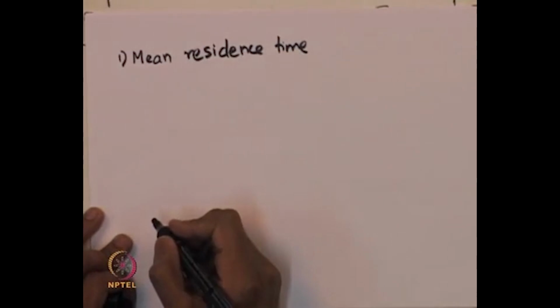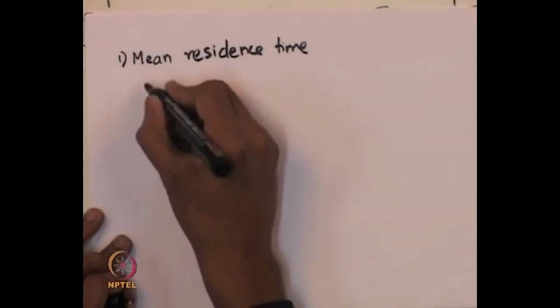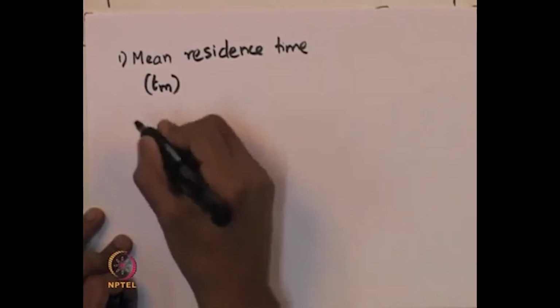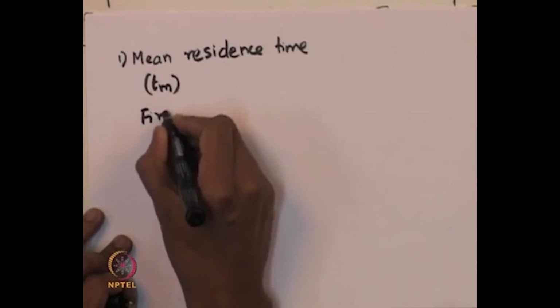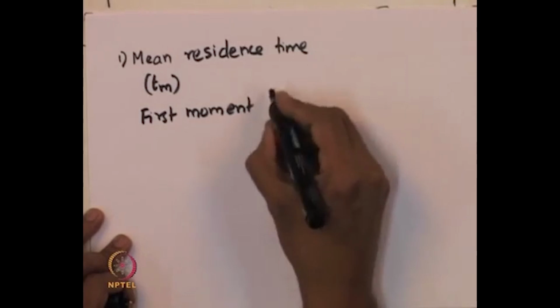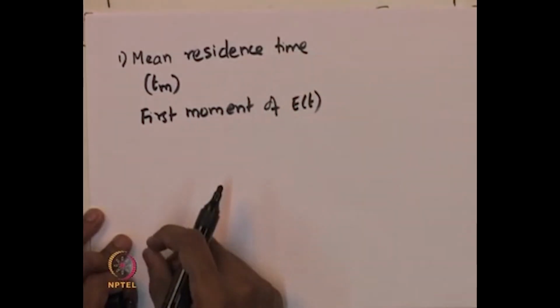The mean residence time is actually given by the first moment. If T m is the symbol I will use for mean residence time, it is given by the first moment of E of t, that is the RTD function.